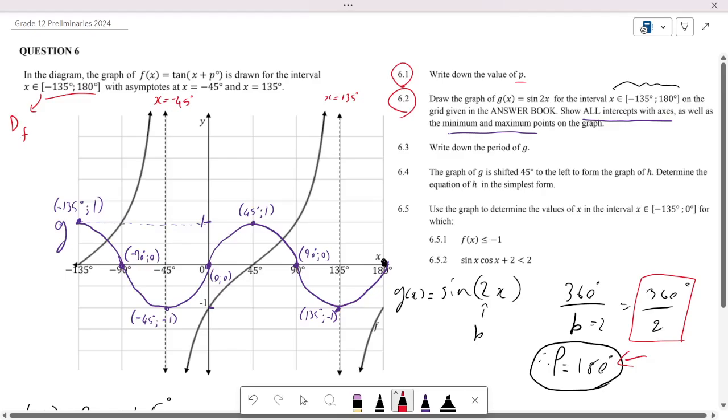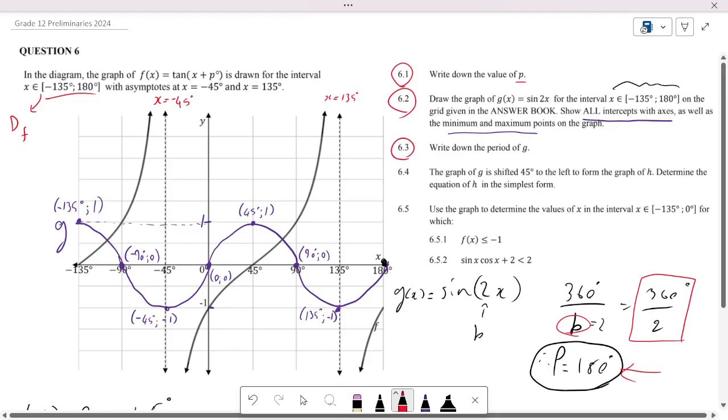We have 360 degrees, which was the original period from a sine graph, and we divide it by the b value to get ourselves a new period, which is 180 degrees.